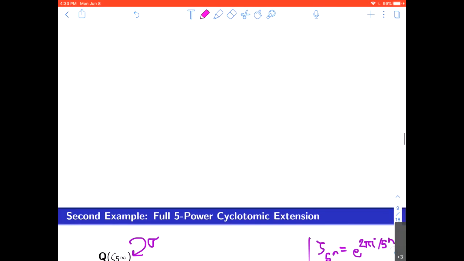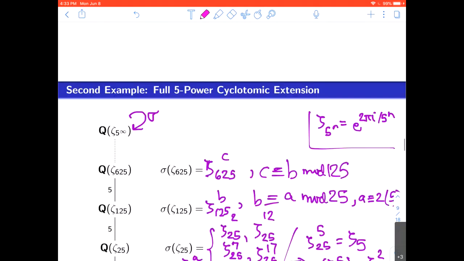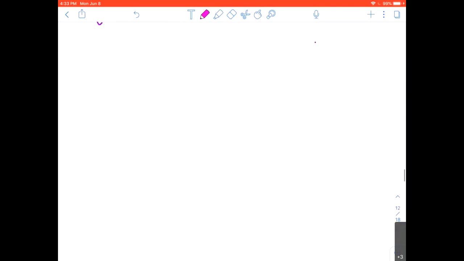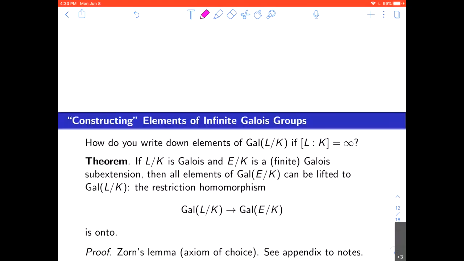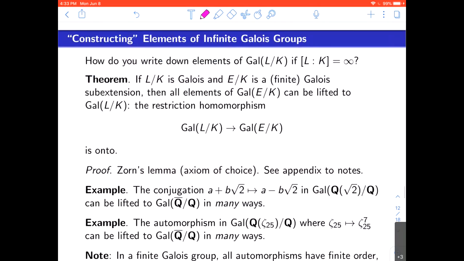Going back, we were discussing how you actually construct an element of an infinite Galois group. I already gave you some examples. I showed you the multi-quadratic extension adjoining all the square roots, and that was pretty concrete. And then I showed you the p-power roots of unity, and that was pretty concrete.